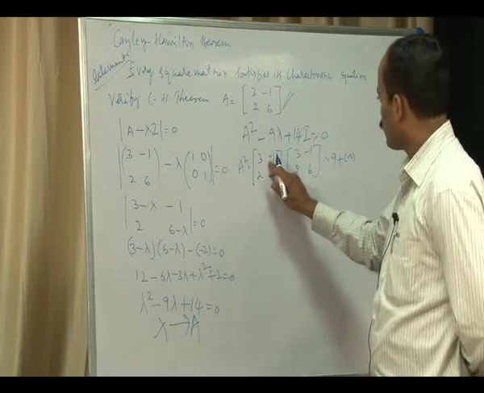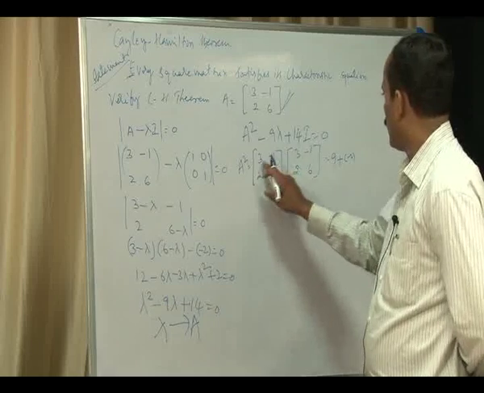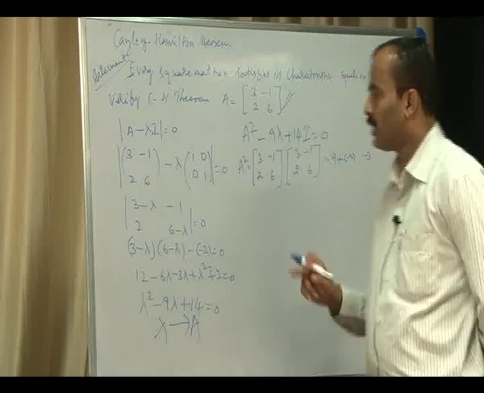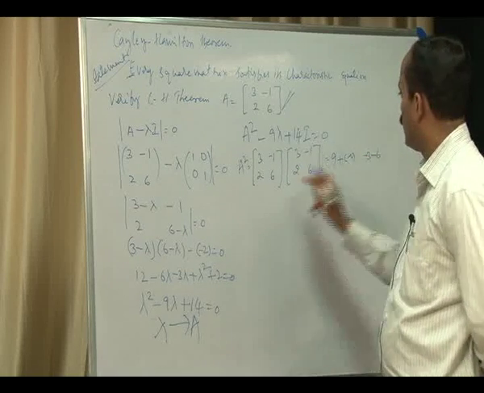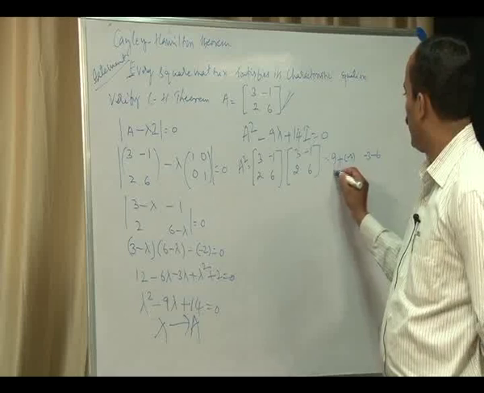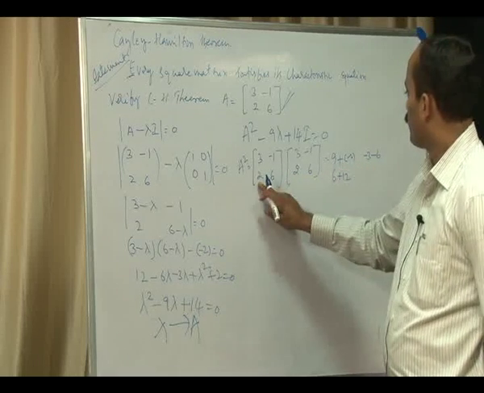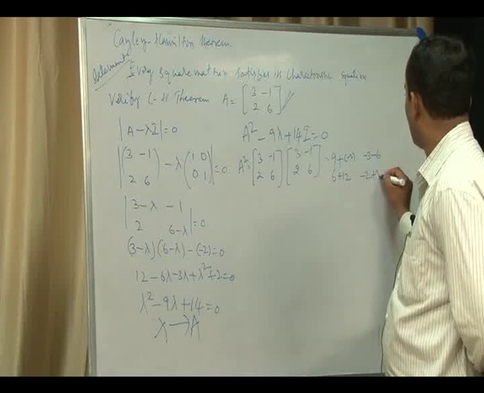Next, 3 into minus 1 is minus 3, plus minus 1 into 6 is minus 6. Next, 2 into 3 is 6, plus 6 into 2 is 12. Next, 2 into minus 1 is minus 2, 6 into 6 is plus 36.